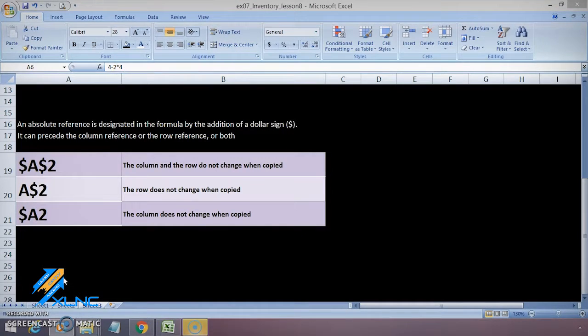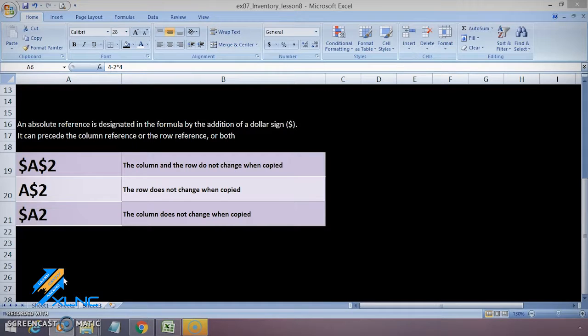The other type of reference is called an absolute cell reference. If the formula is copied to a different location, the absolute reference remains the same. An absolute reference is designated in the formula by the addition of a dollar sign.